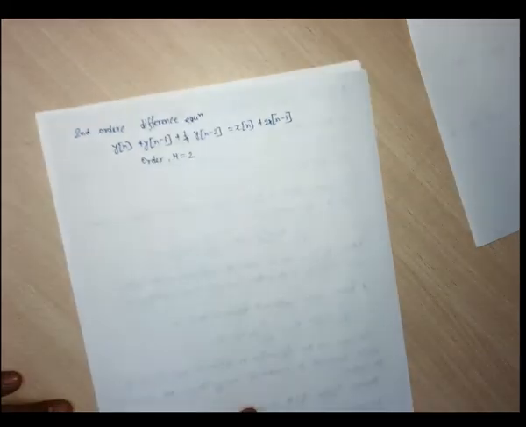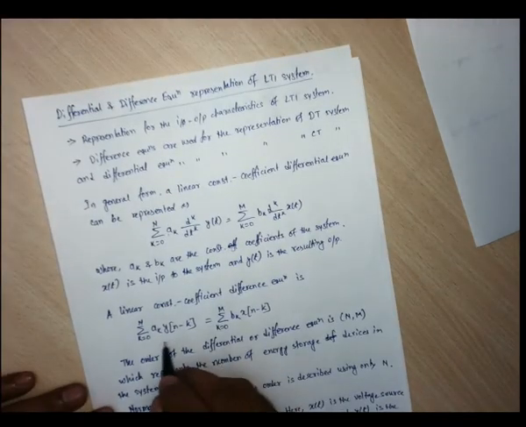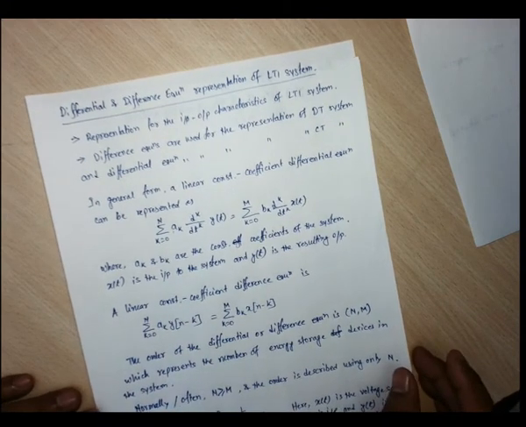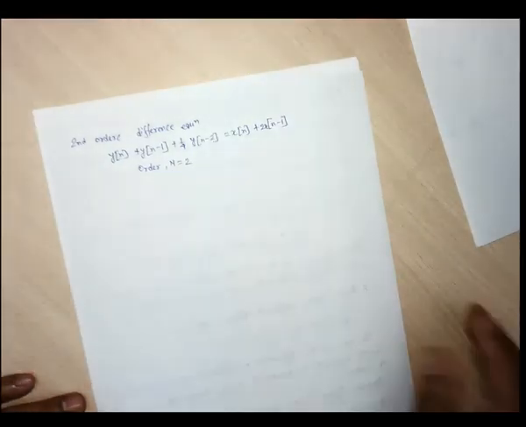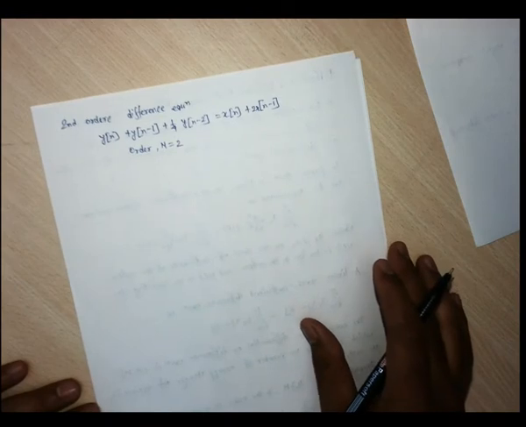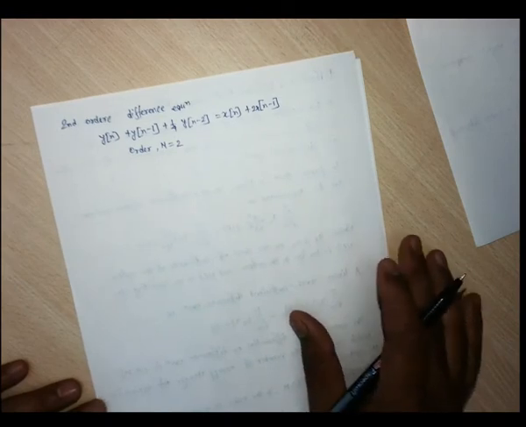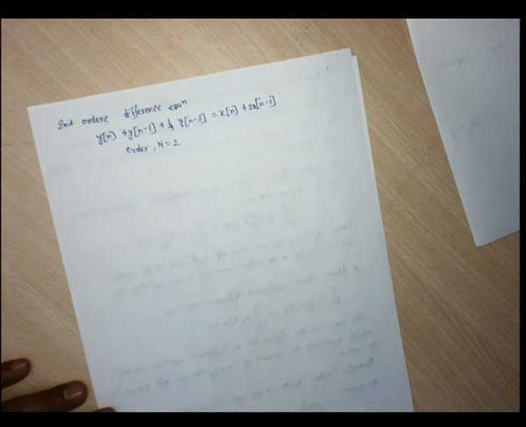According to this expression, this k represents the value of n, right? This k can be maximum up to n. So k ranges between 0 to n, isn't it? So here k ranges up to 2. So what is this 2? It is the maximum of this range, that is n here is 2. So it implies that the maximum memory of this system output is 2.